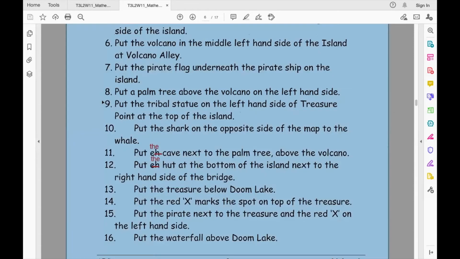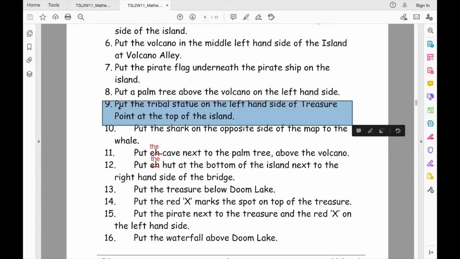Number 9, put the tribal statue on the left-hand side of Treasure Point at the top of the island.